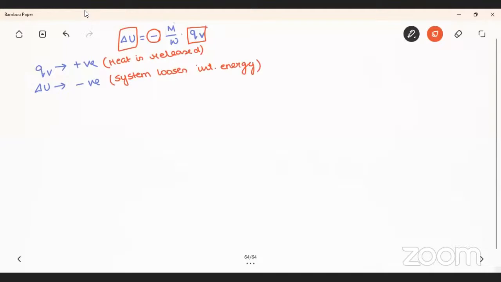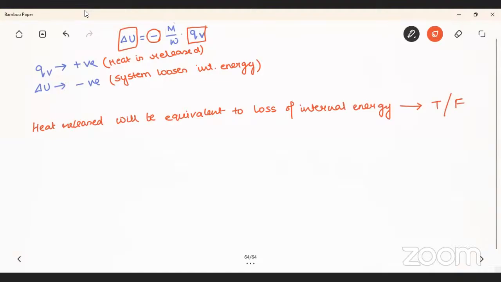Now, in your NEET exam, if there is a statement saying heat released will be equivalent to loss of internal energy, is this statement true or false? True or false? True, ma'am.